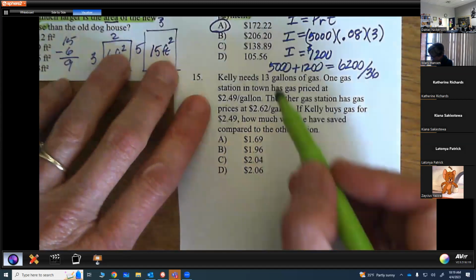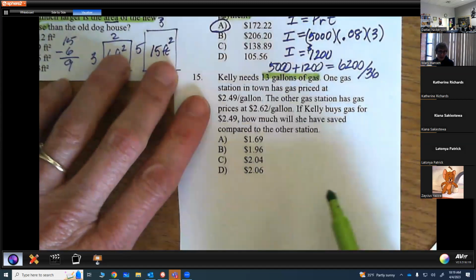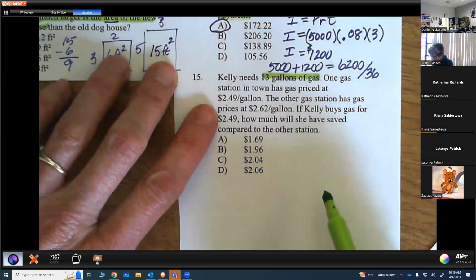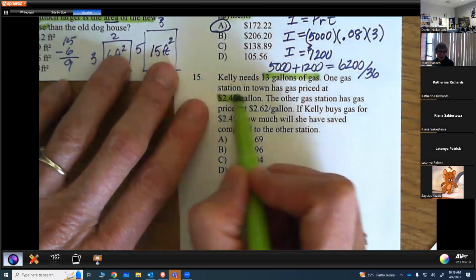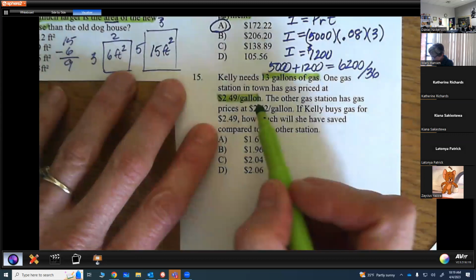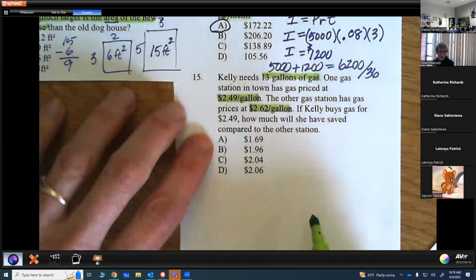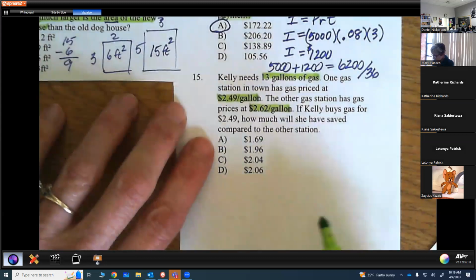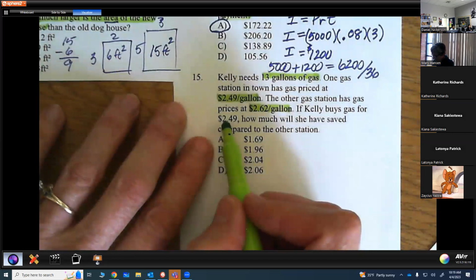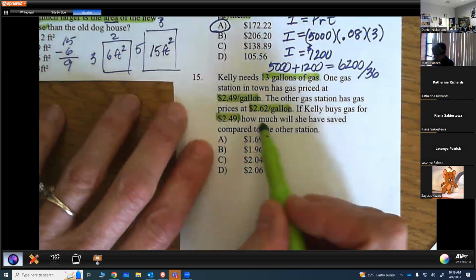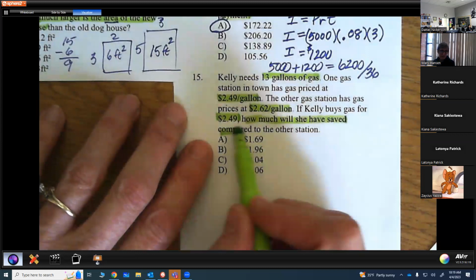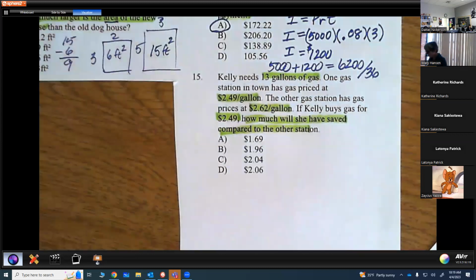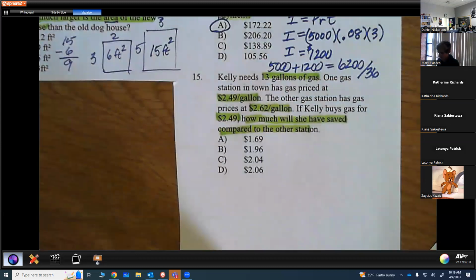So she needs 13 gallons of gas, and one gas station is $2.49. Another gas station is $2.62. It's asking, if she buys the cheaper gas, how much will she save compared to the other station?